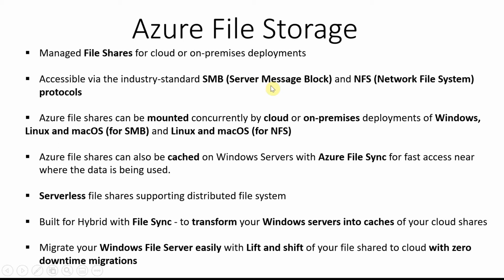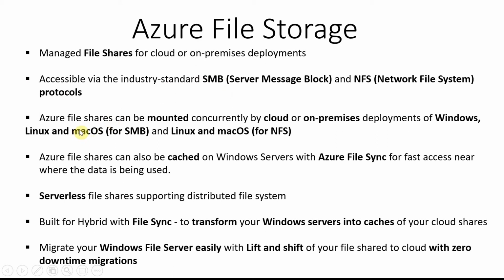The latest SMB protocol version is 3, maybe 3.x, I don't remember, but 3 is the most popular one, supported by most cloud vendors, and Azure supports the latest protocol.